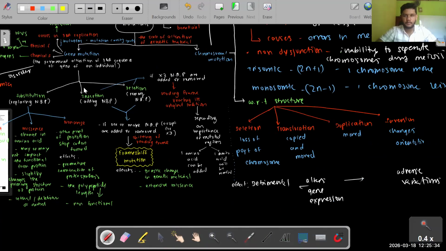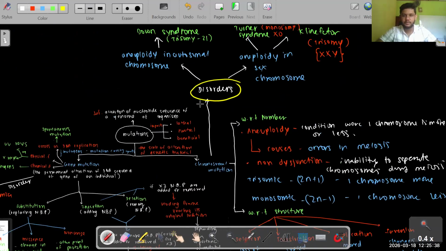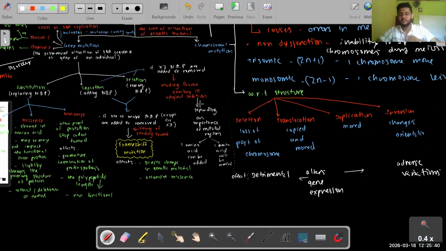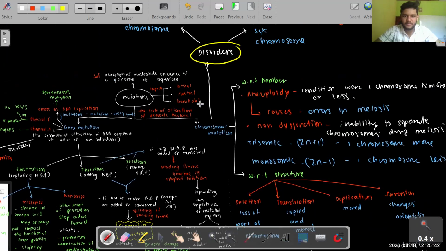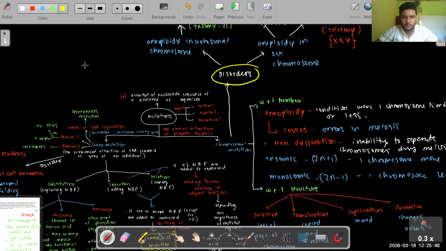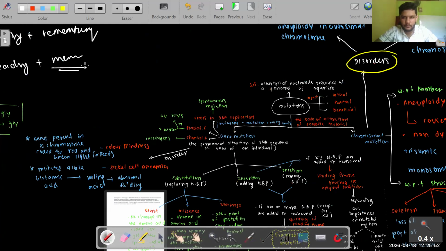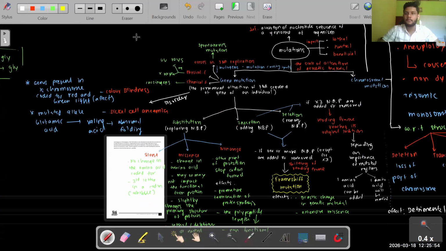I don't know whether it is beneficial for all. I felt like I wanted to give a small summary on this, so I hope this would be useful for all. So that is the end of the mutation part.